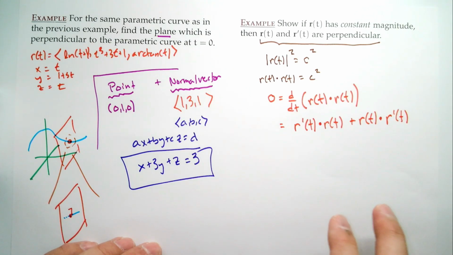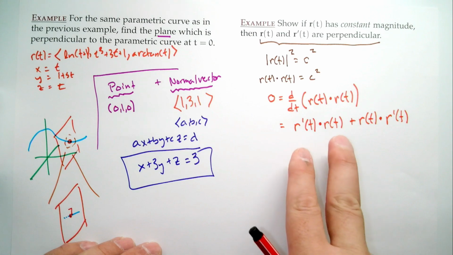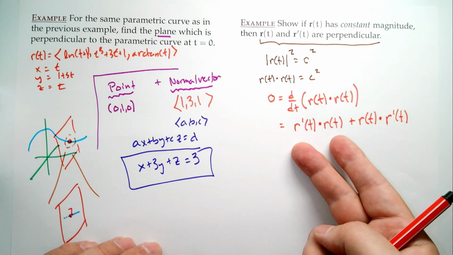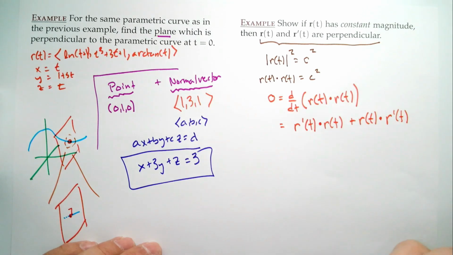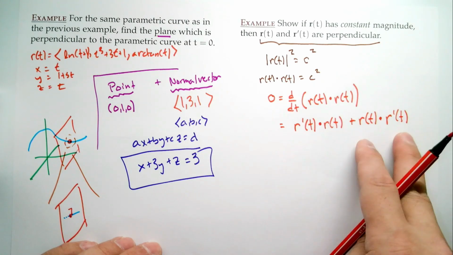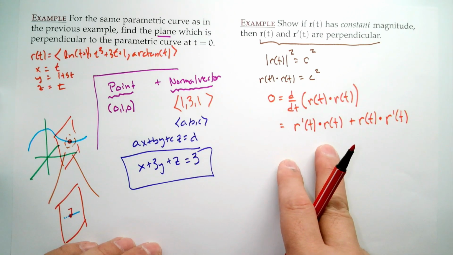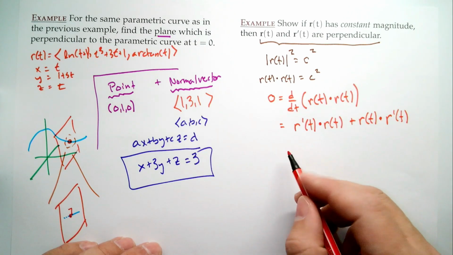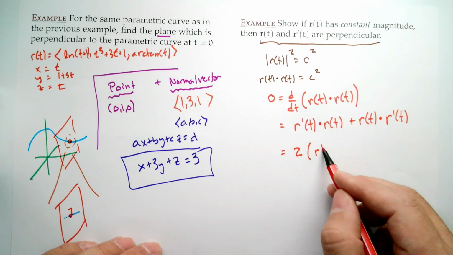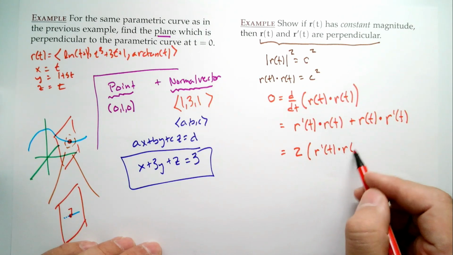Now, let's remember rules for dot products. What happens if I switch the order for dot product? Nothing, it stays the same. And then, so what I see is that these two terms are actually the same thing. So I can put them together. So that's 2 times r prime of t dot r of t.